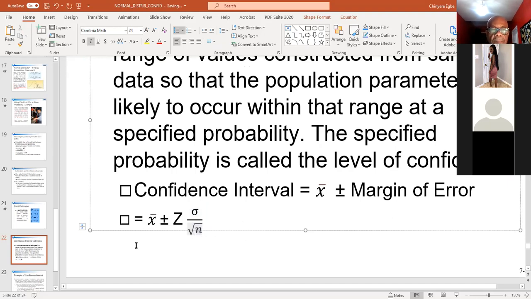All right. So the confidence interval is X bar plus or minus Z times sigma over the square root of n.